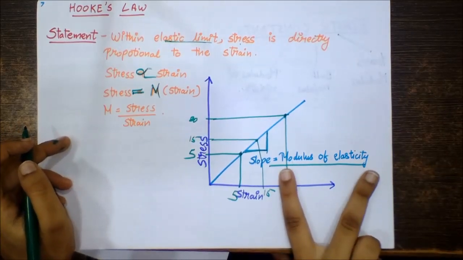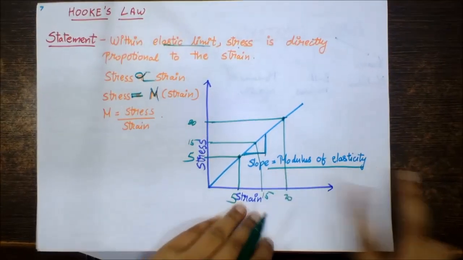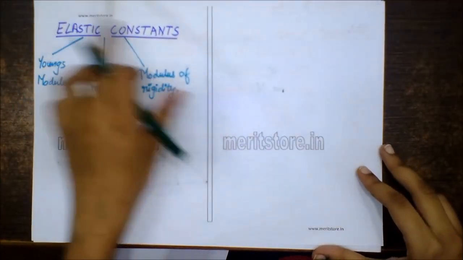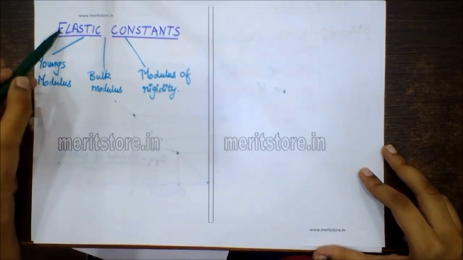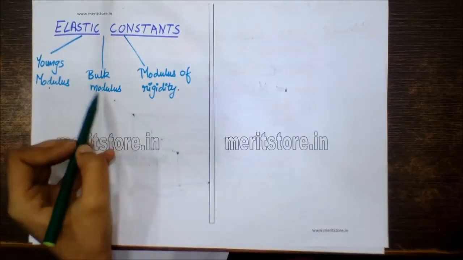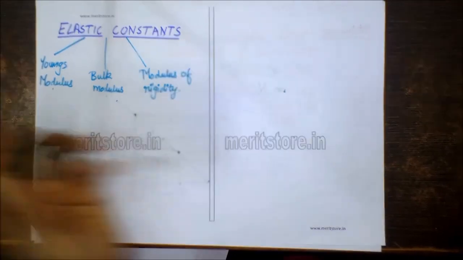We have 3 types of modulus of elasticities coming up, known as elastic constants. They are Young's modulus, bulk modulus and modulus of rigidity.